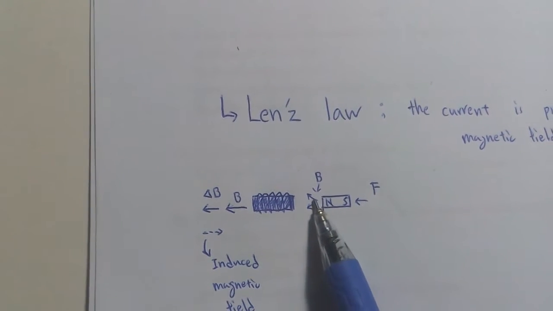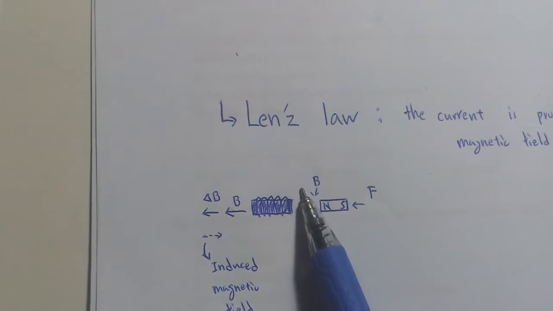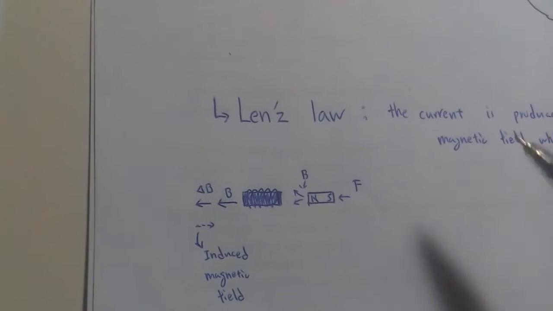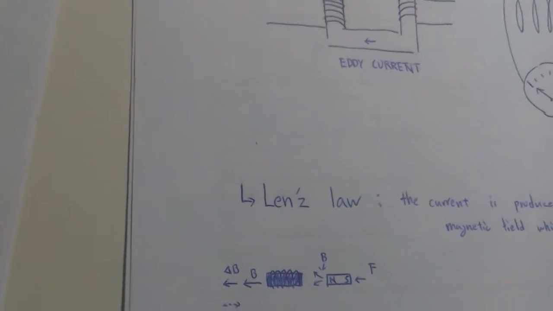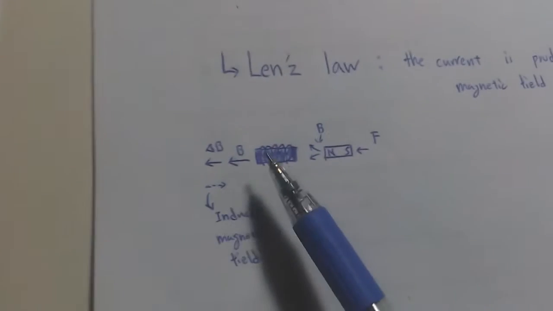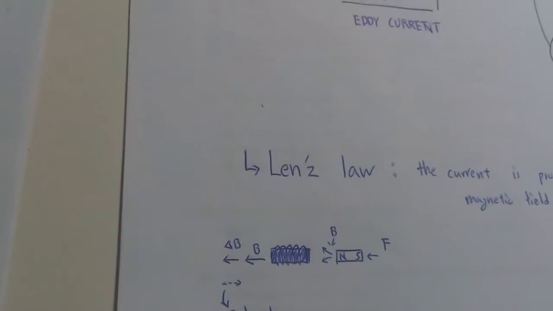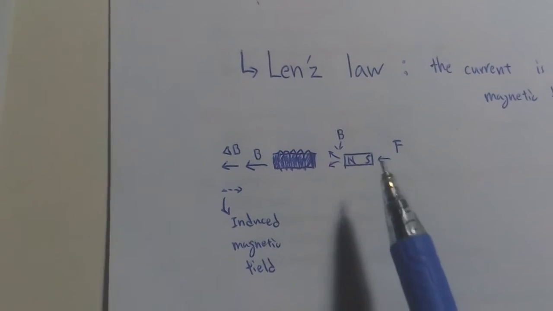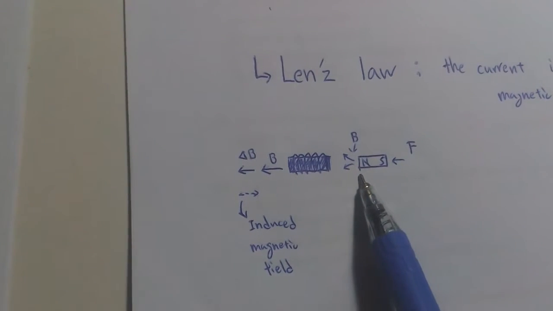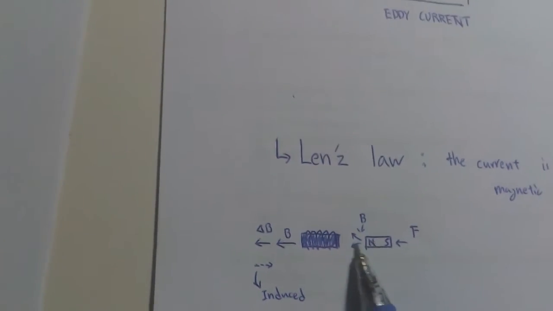As I told you before, we have the magnetic field flowing this way, and the force here means you are pushing the magnet towards the solenoid or the iron core. And when it stays still, the magnetic field is flowing this way.